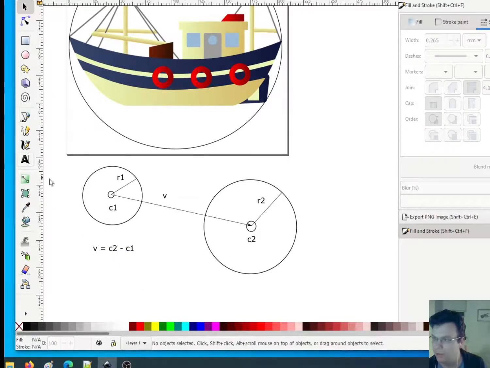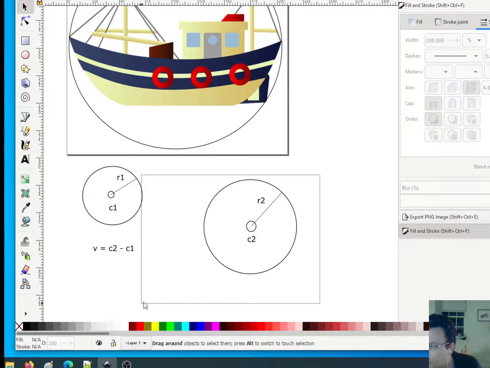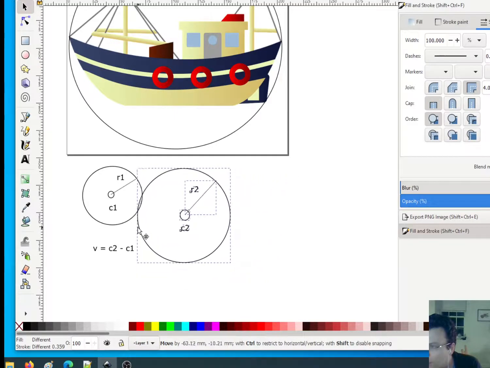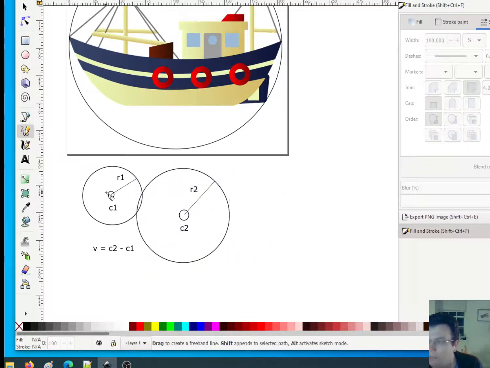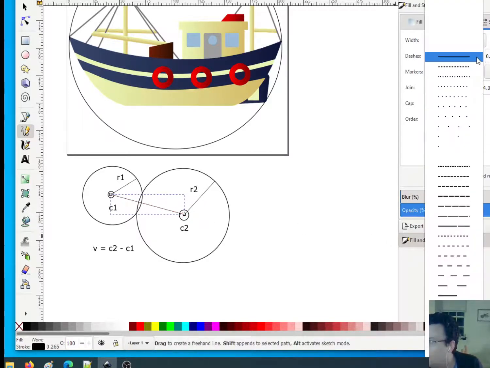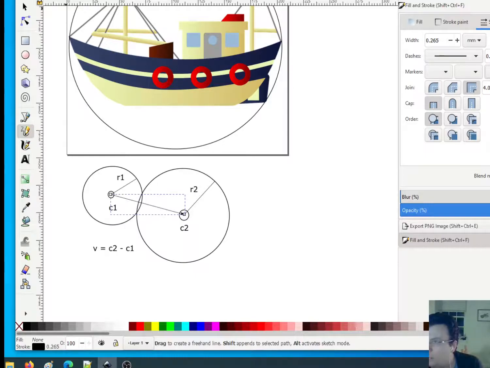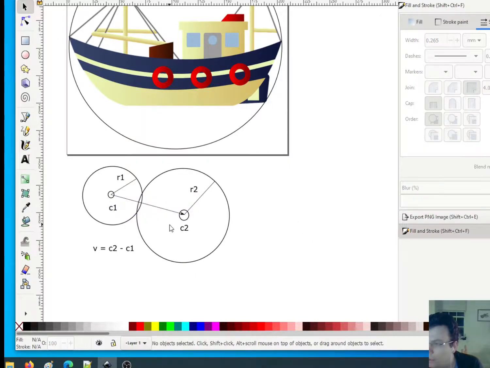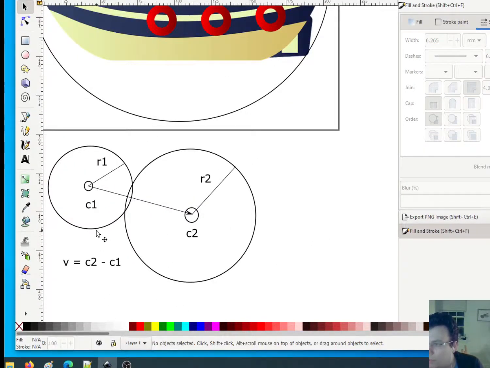And if they intersect, then here's what happens. Let's look carefully. I'm going to make them intersect here. I'll move this one over a little bit so that they're just intersecting. If I look at that vector from the center of one to the other one, what I notice is the length of that vector is actually less than the sum of the two radii.